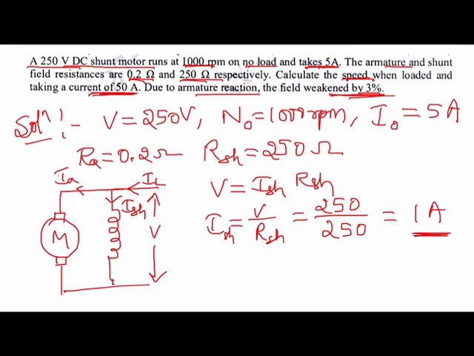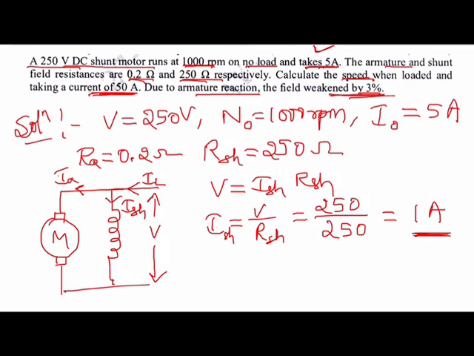So the current in the field winding, irrespective of whether the motor is loaded or not loaded, will remain constant. Now when the motor is not loaded, it is taking 5 amps. In this 5 amps, 1 ampere is flowing towards the field winding, another 4 amps is flowing towards the armature winding under no load conditions.